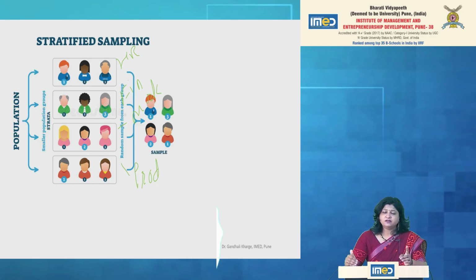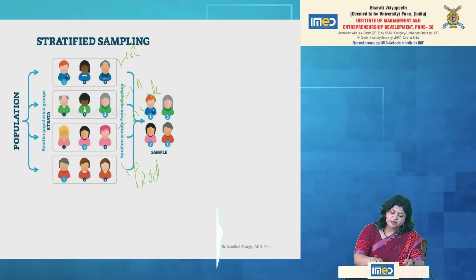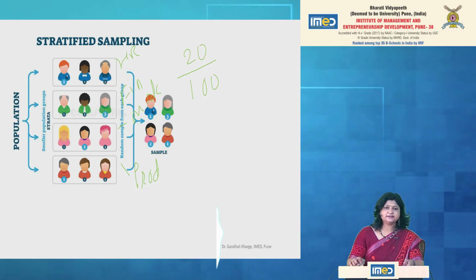One thing we should remember: whatever ratio of sample and proportion there is, that ratio will be similar within the strata also. For example, here I have 100 employees and I need a sample size of 20 from that. So this ratio is 1:5.